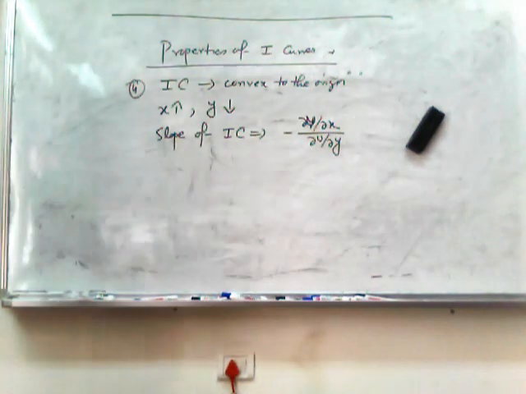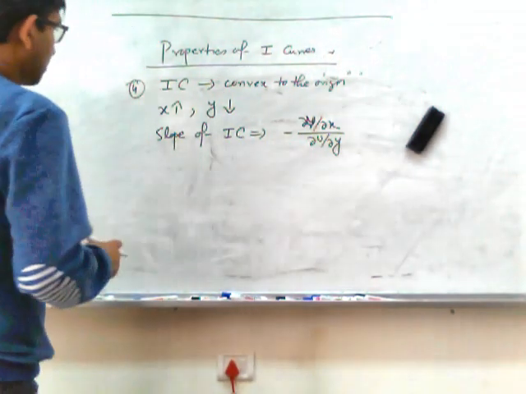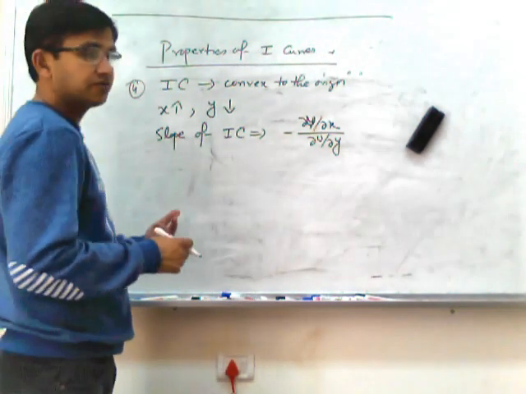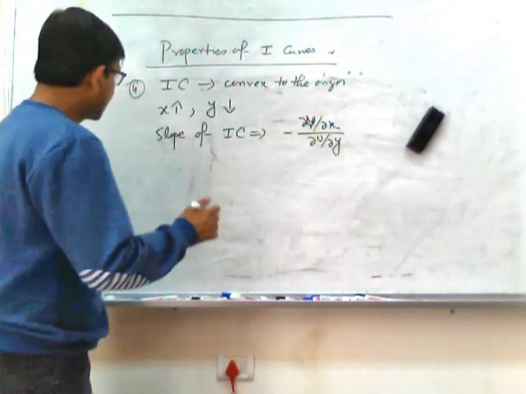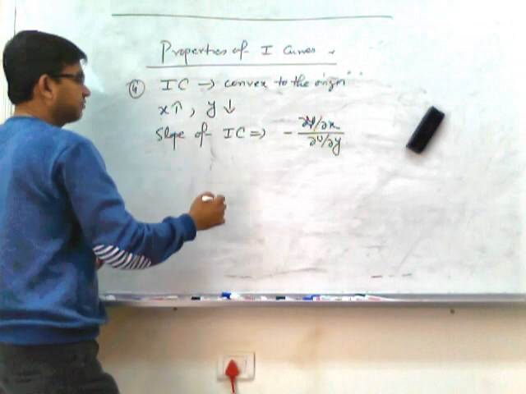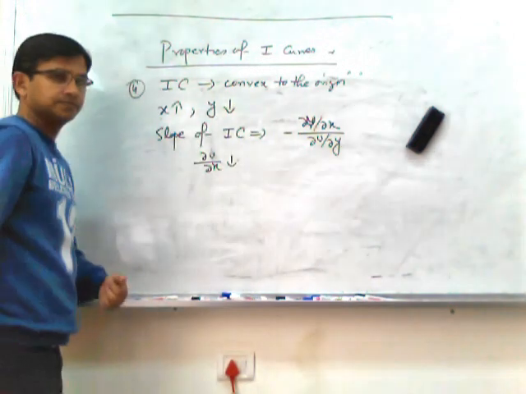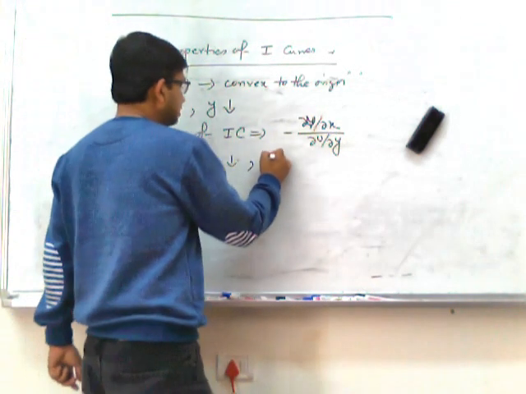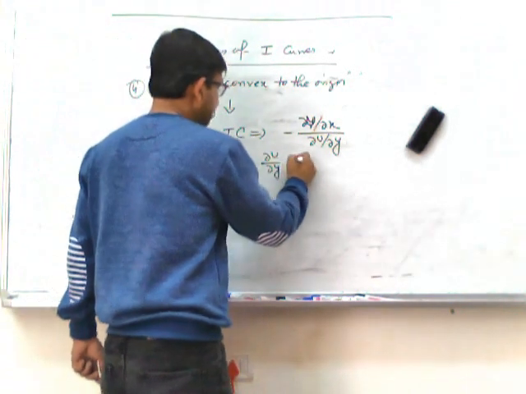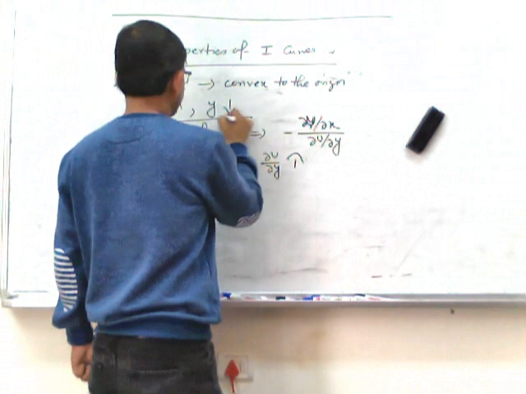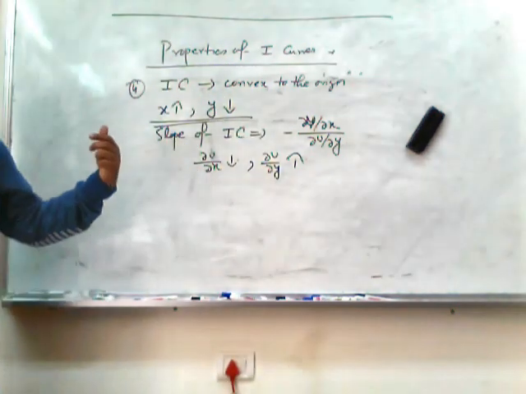So, from the properties of a well-behaved utility function, we can say that as x rises, y falls. So del u by del x will be falling, and del u by del y must rise under the condition when x rises, y falls.